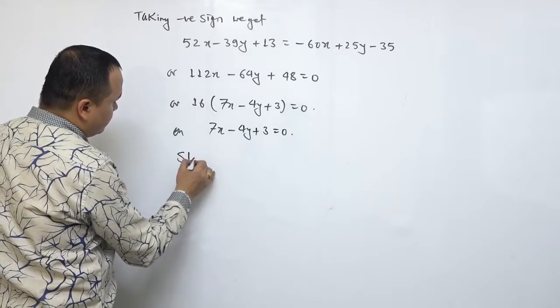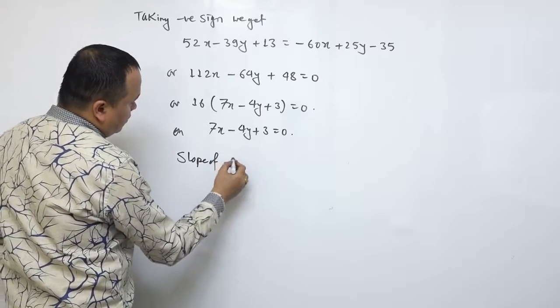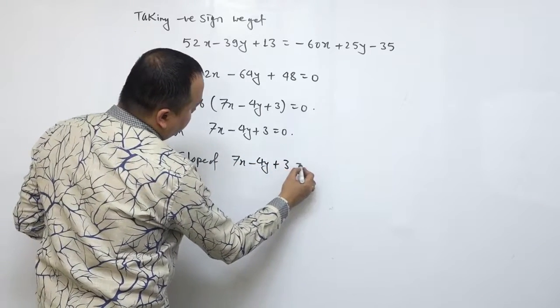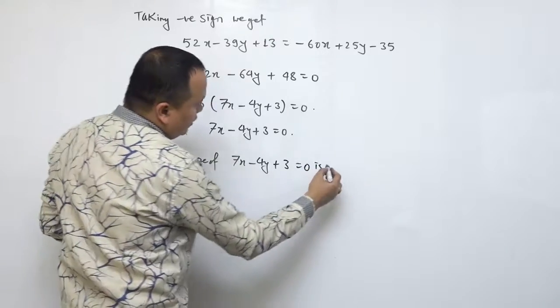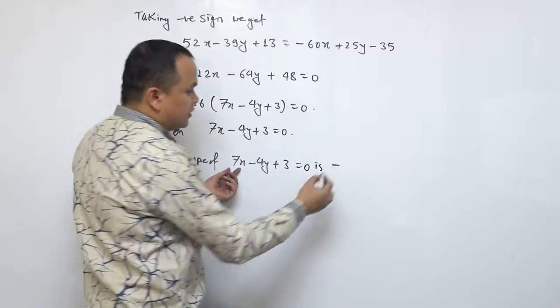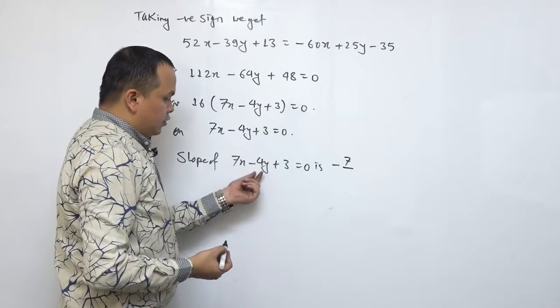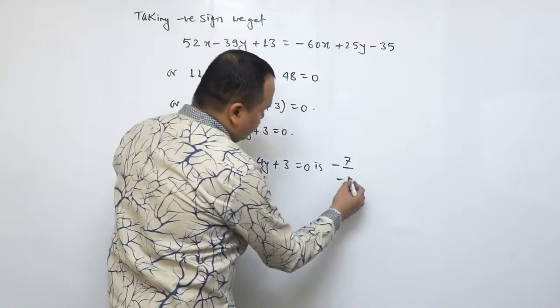The slope of 7x minus 4y plus 3 is equal to 0 is again minus coefficient of x, which is 7, upon coefficient of y, which is minus 4.